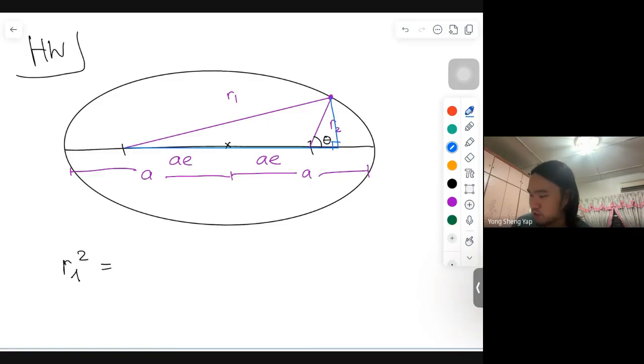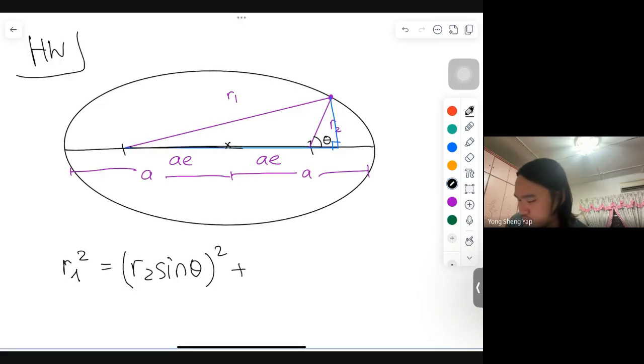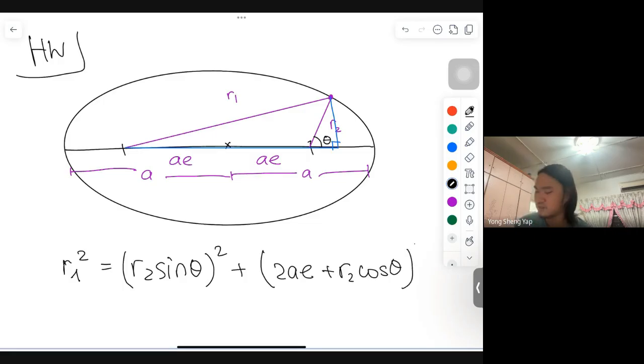So it must be equal to x squared plus y squared, where y is basically R2 sine theta. So this length over here is R2 sine theta squared plus the x coordinate here, which is 2ae plus R2 cosine of theta squared.